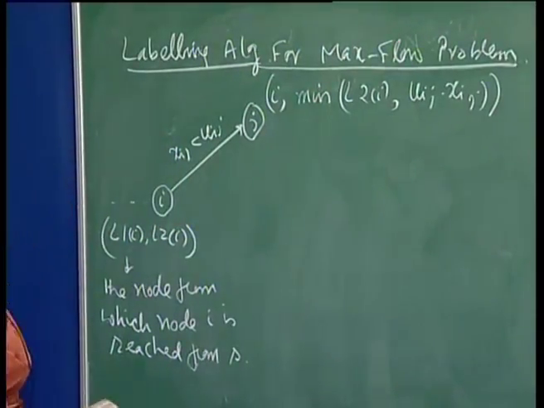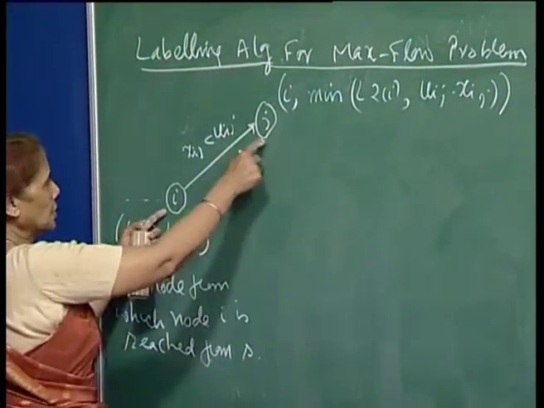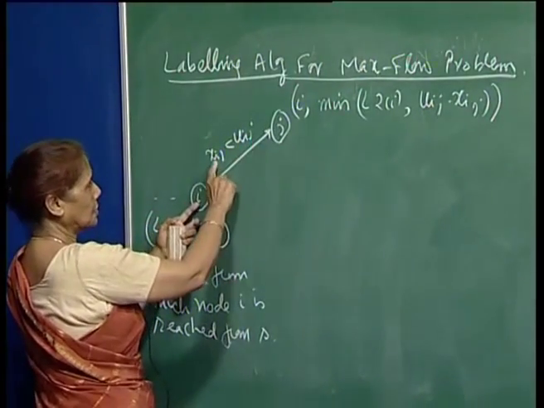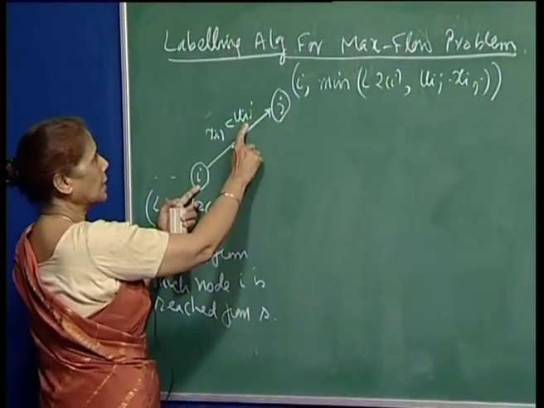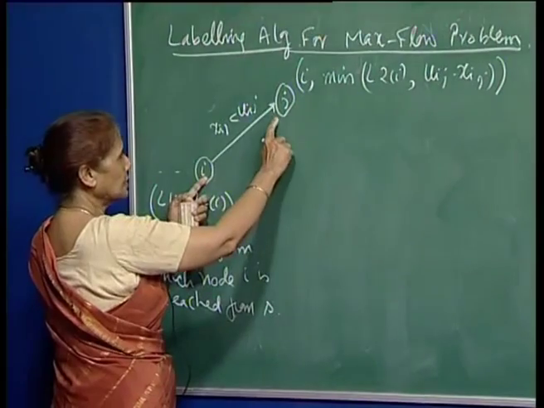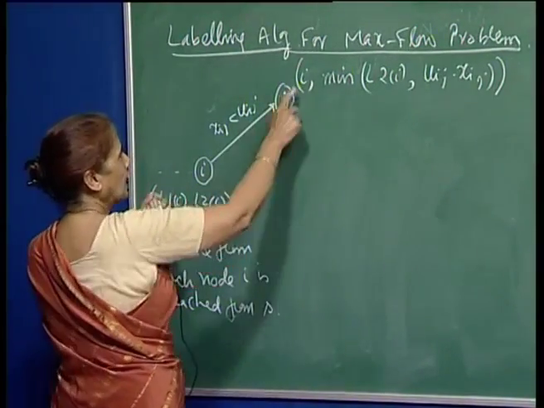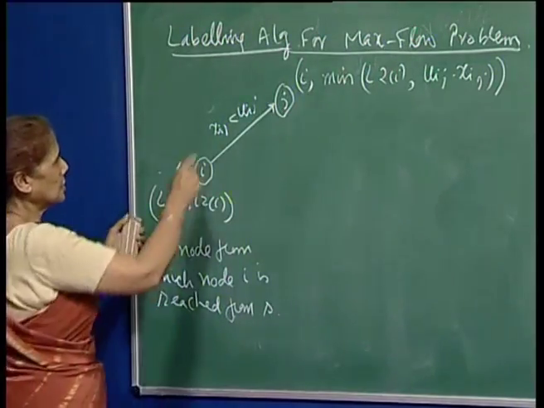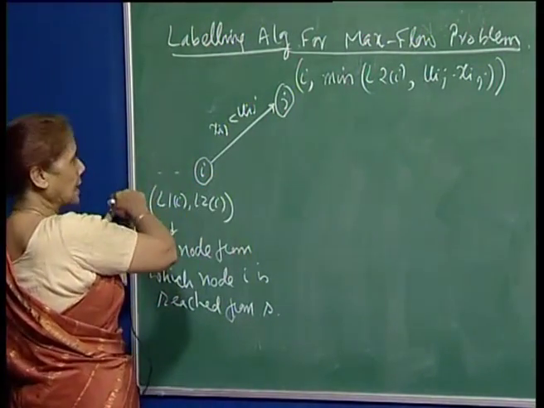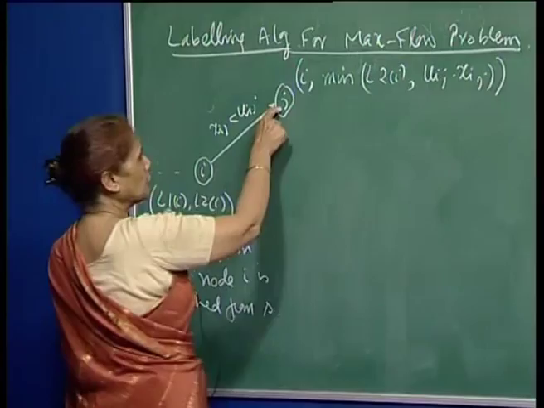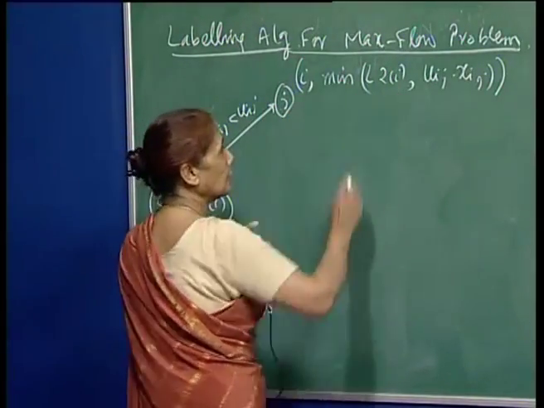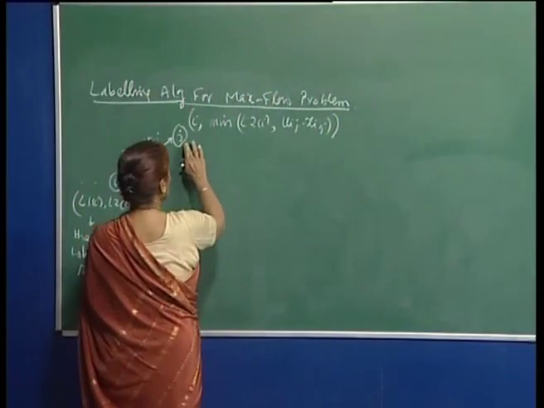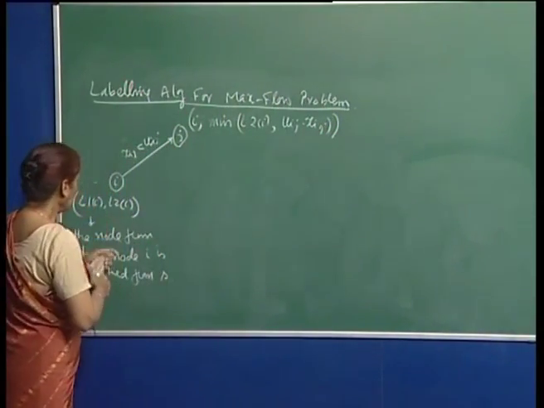Because now you have an arc from I to j which has some capacity left on it, because the flow currently is less than uij, I can increase the flow on this arc. So, I will label the first label as I, because j is now reachable from S, I can come up to this point. The second label tells you the amount of flow that can be sent up to this point.